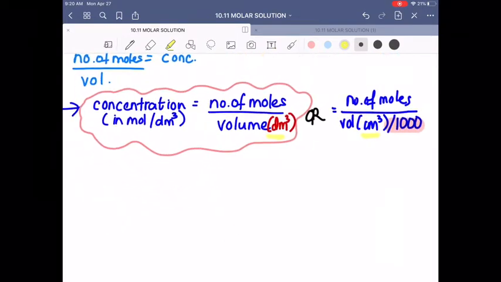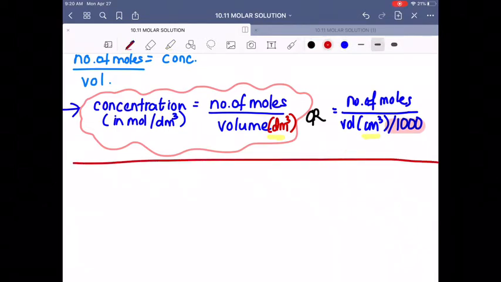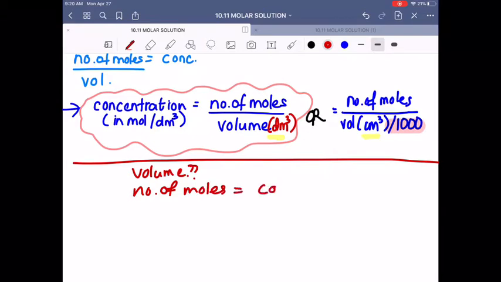So another case, what if you want the volume as the subject? Let's recall our formula. Number of moles is equal to concentration times volume.